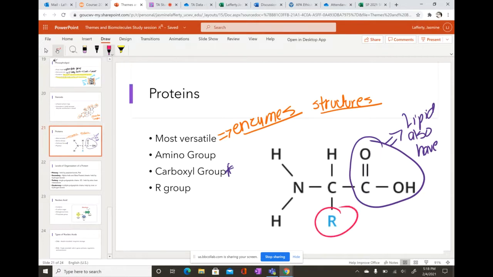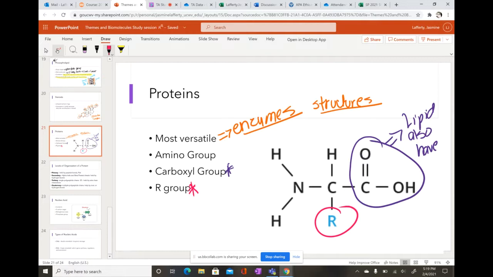She showed us in class all the different R groups. I want to reiterate what she said. You will not have to know how they interact with each other, what each R group is named. You don't have to know any of that. I was in a 400 level biochemistry class and he still didn't make us memorize the R groups. So you guys are good.